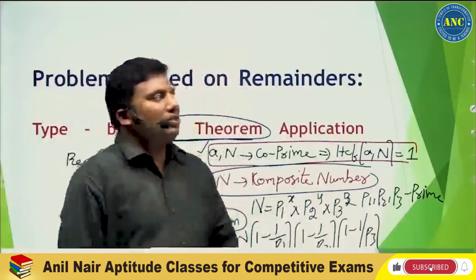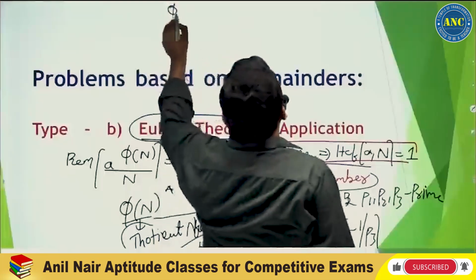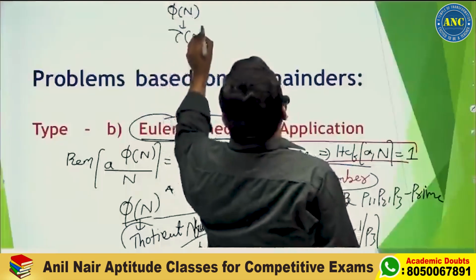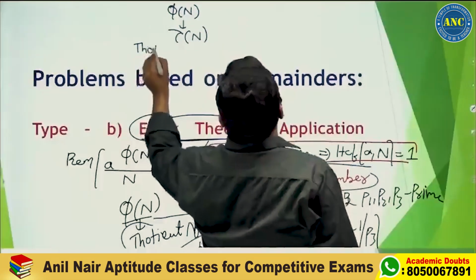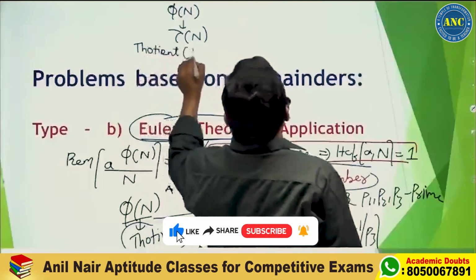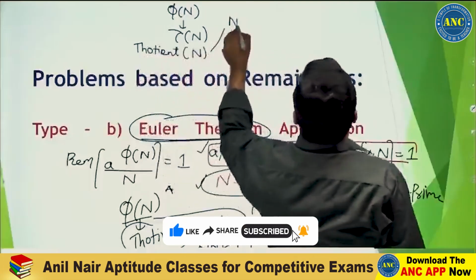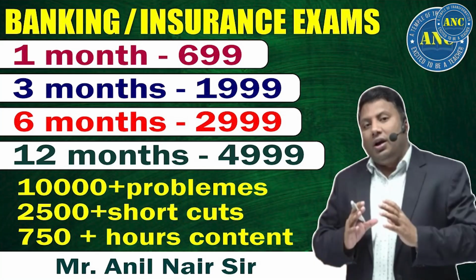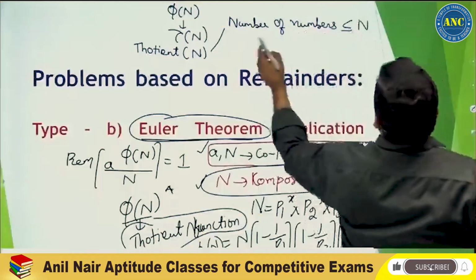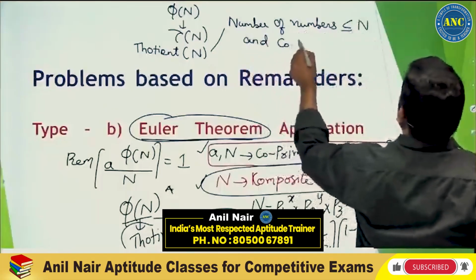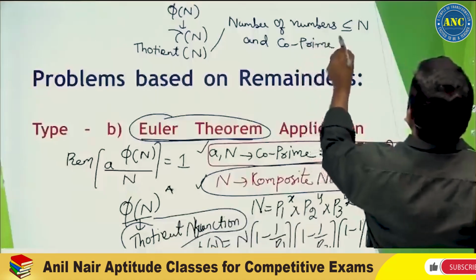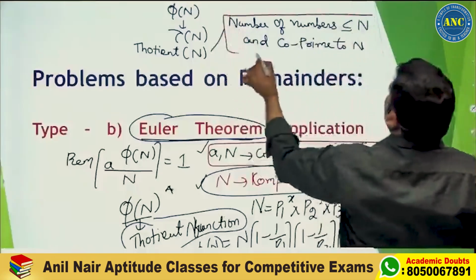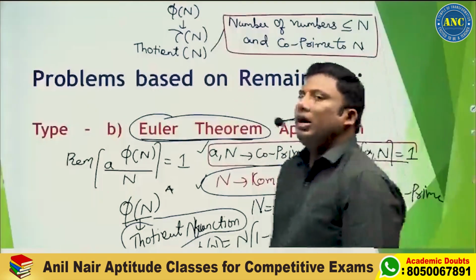In standard textbooks, it is called tau of n, tau being the Greek letter. Number of numbers less than or equal to n and co-prime to n. This is the definition of the quotient function.